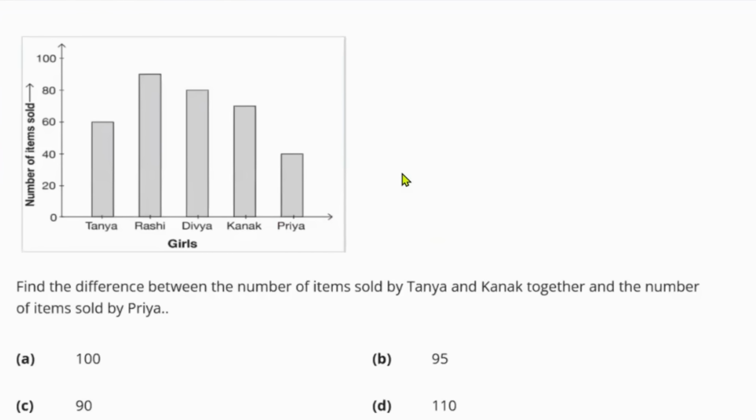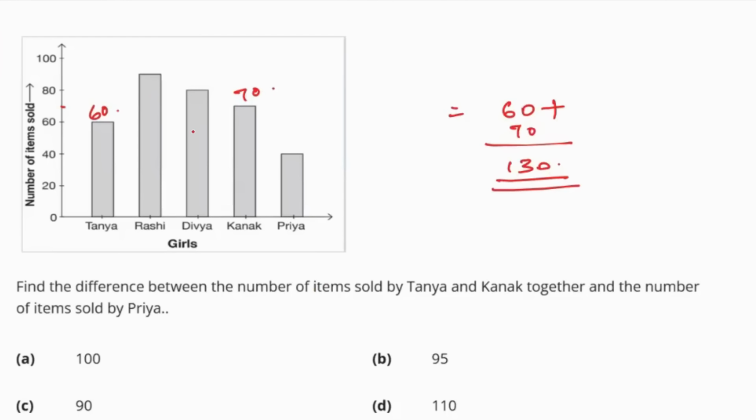So Tanya and Komal together, 60 plus 70 is 130. Total they are together 130.